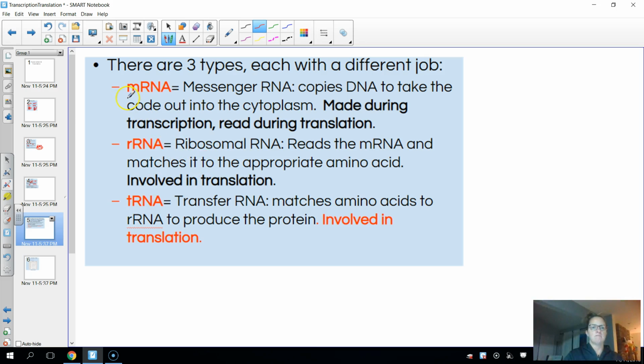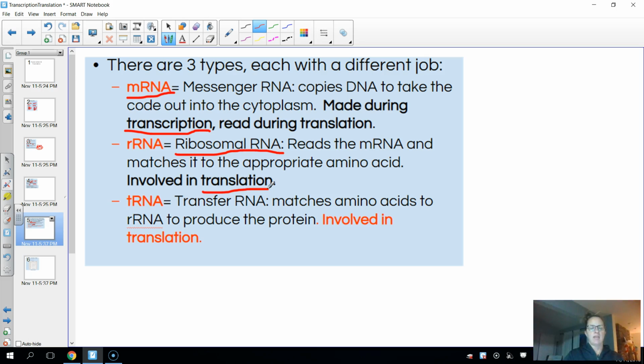We've already talked about messenger RNA, the one that is in the nucleus. It's made during transcription, and then it goes out of the nucleus through those nuclear pores, through the cytoplasm to the ribosome, and when it gets there, it gets greeted by ribosomal RNA. Ribosomal RNA helps with translation.